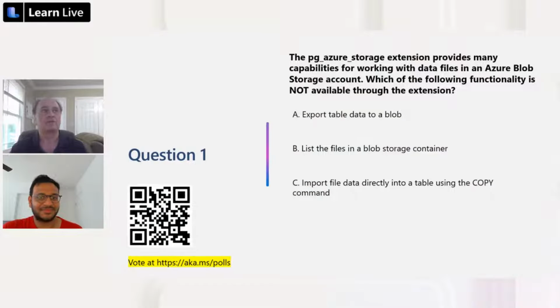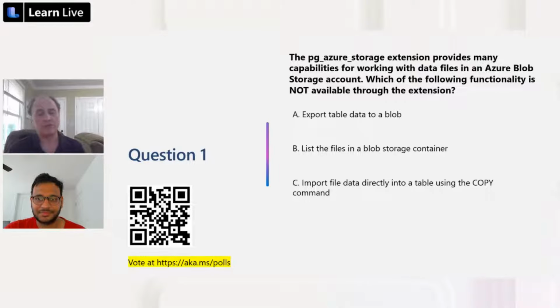So let's go ahead and look at our first question. Let's walk through this together. The pg_azure_storage extension provides many capabilities for working with data in an Azure Blob Storage account.